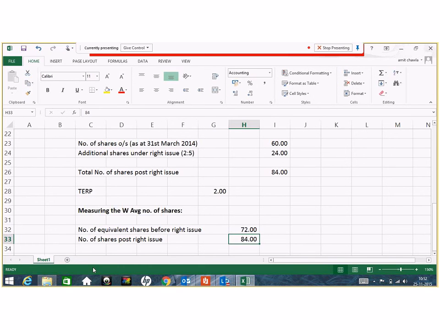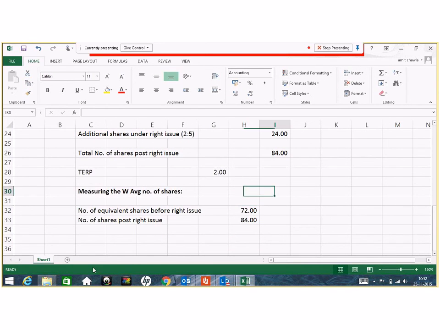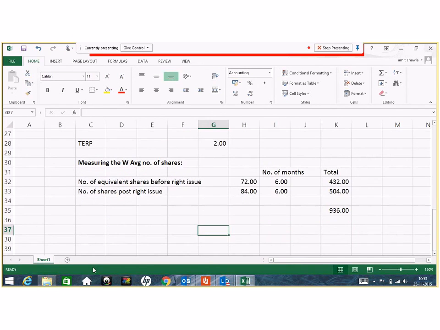So what we are looking at is the number of months for which these are outstanding will be 6 months here and 6 months here. So effectively I'm looking at an average number of shares outstanding, my weighted average number of shares would be this divided by 12, which becomes 78.